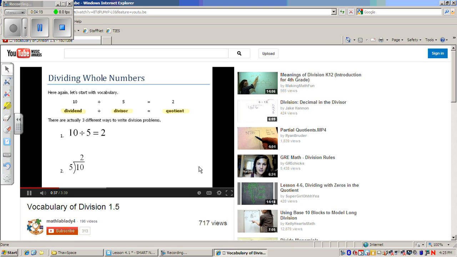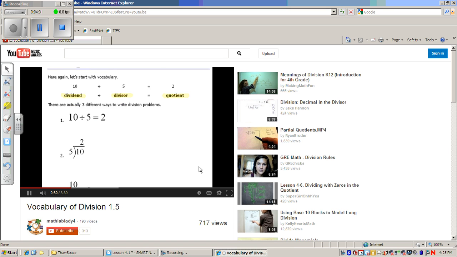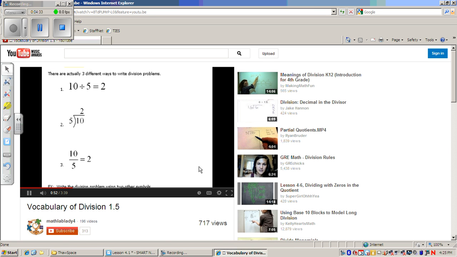It is very important to understand what part each one plays, because this is the first way, pretty much, that we ever learned division. It was written in this format. But then, as we started working larger and larger division problems, we started writing it in this form. It's like a housetop sort of format. This is the second way to write a division problem.